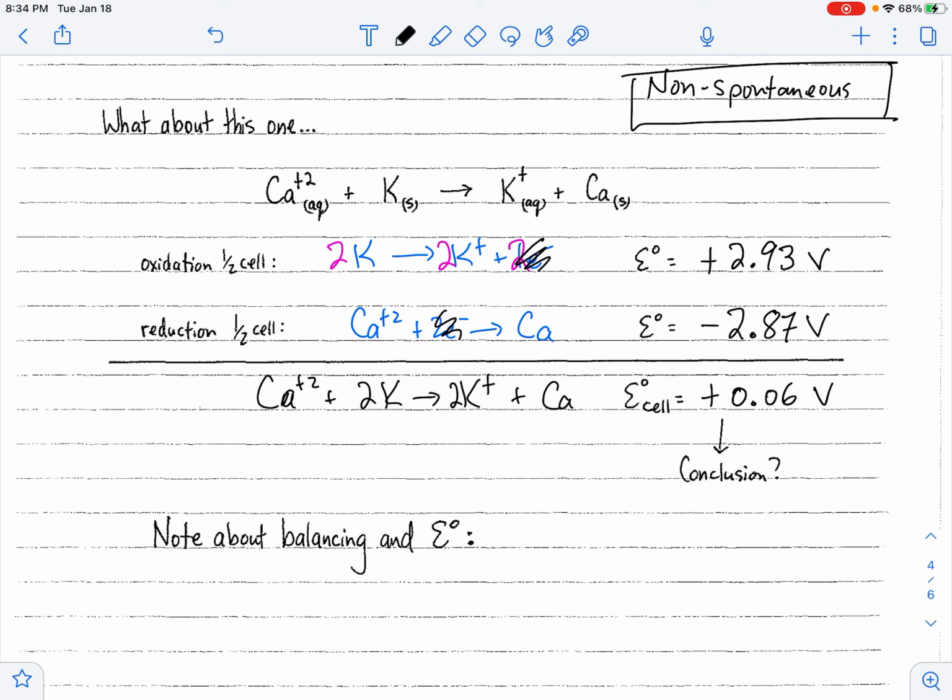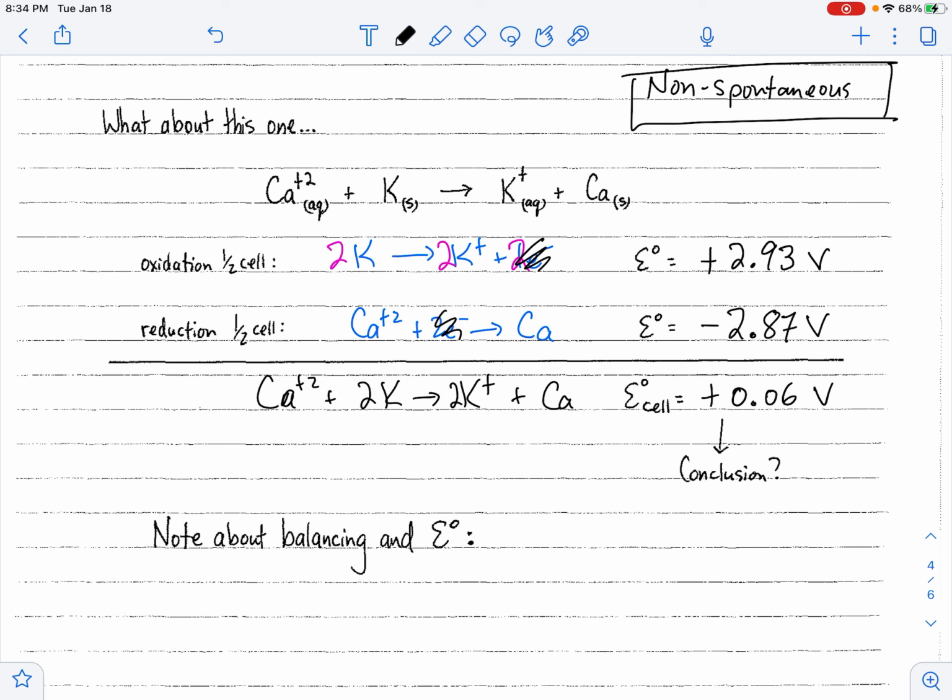And that's what happens with these redox reactions: sometimes you can have a chemical that doesn't really want to do what the equation is saying it's doing, but it's being forced to by a more powerful half reaction. In this case, potassium oxidizing forces the calcium to reduce.